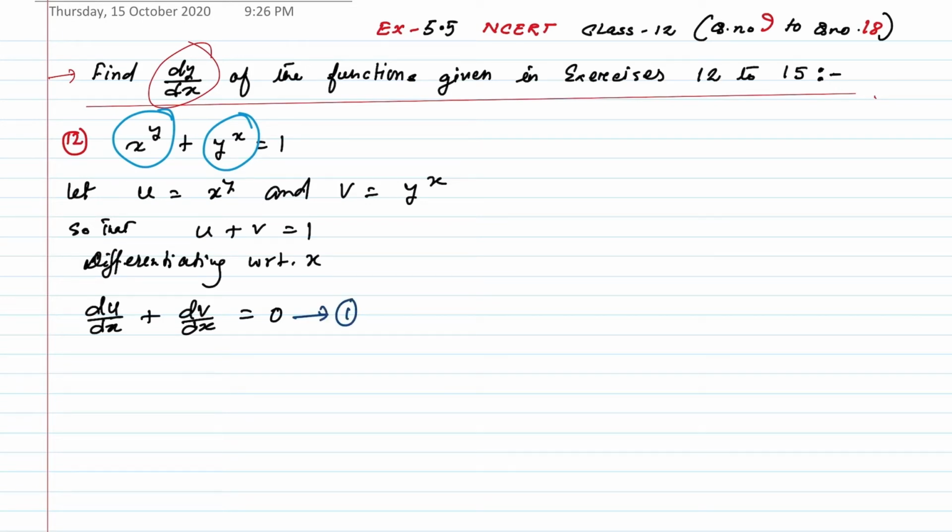Now let's find du by dx. We know u is x to the power y. So before differentiating that, let me write here again, u is equal to x to the power y. So in this case we need to take log.